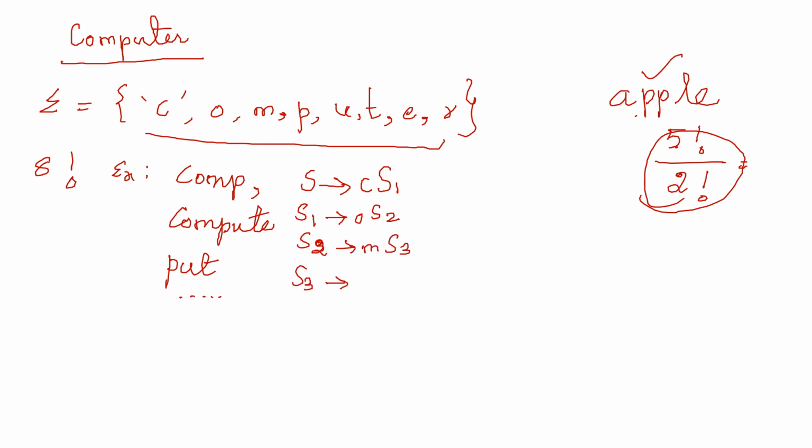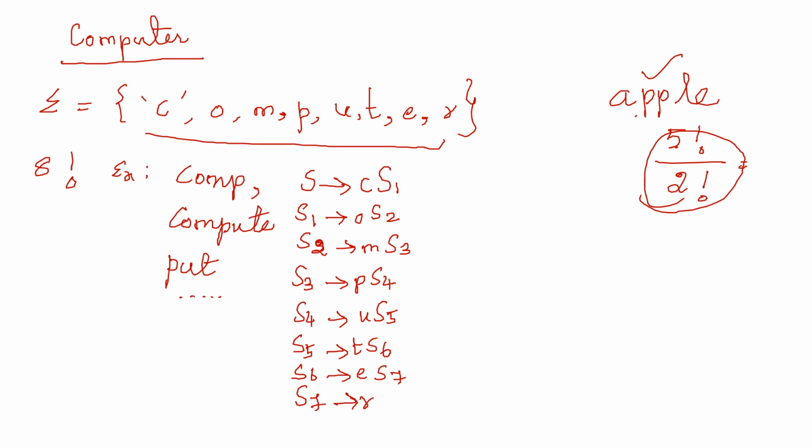S3 tends to P S4. S4 tends to U S5. S5 tends to T S6. S6 tends to E S7. S7 tends to R. So this is right linear grammar because at the right end we have a non-terminal. This is called a right linear grammar.